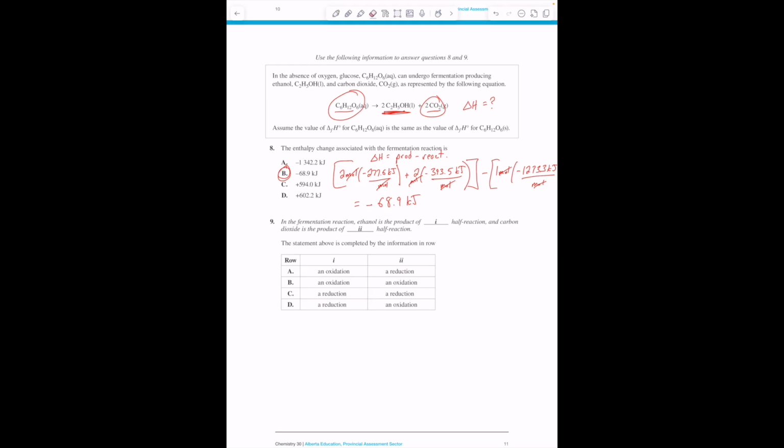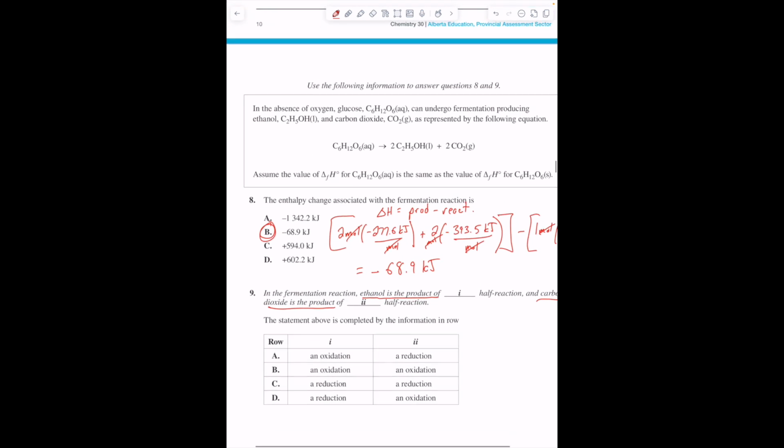Okay, how do I do the next one? I think I'm going to have to erase all this. Okay, so this is an oxidation reduction question. So ethanol is the product of, and then carbon dioxide is the product of. Okay, so I need to assign oxidation numbers. So we know O is a -2. We know H is a +1. 6 and -2 is -12, +12.